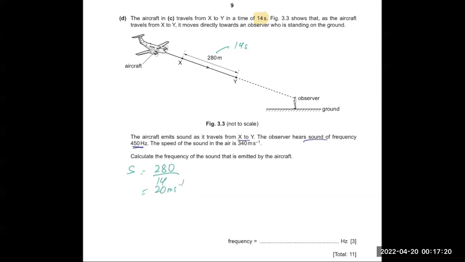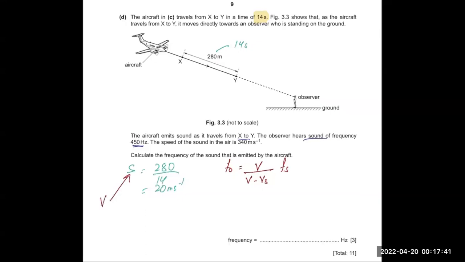Now, this is a question on Doppler effect. Observed frequency is equal to V upon V minus Vs times Fs. This here is Vs. Observed frequency is 450 Hertz.